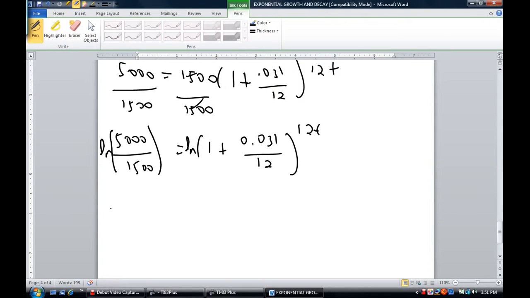So the left side, I'm not going to do anything with it. And once again, I'm probably doing it the hardest way. You probably want to use decimals, but to get the most accurate answer, I'm going to do it as it is. Since I have natural log of something with an exponent, I can move that exponent out in front.